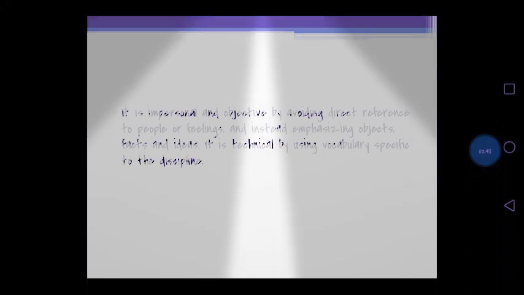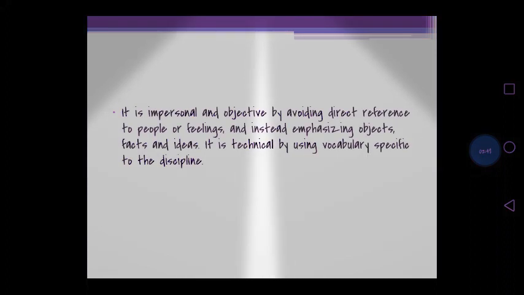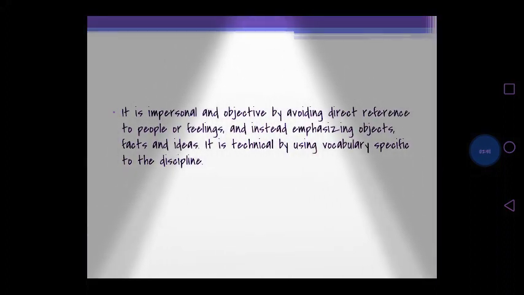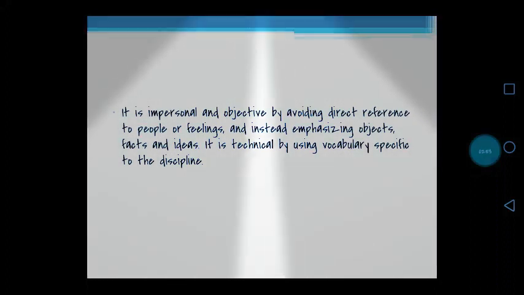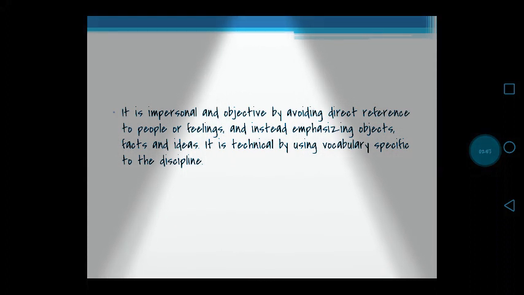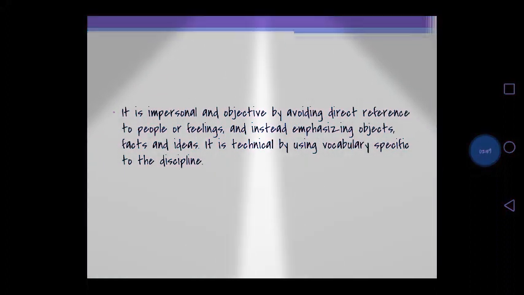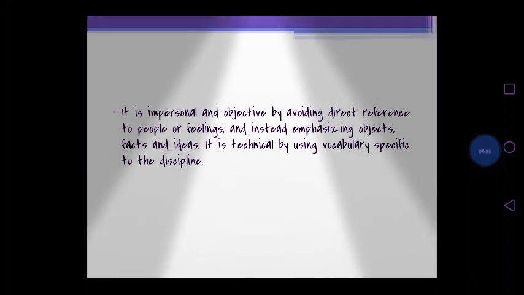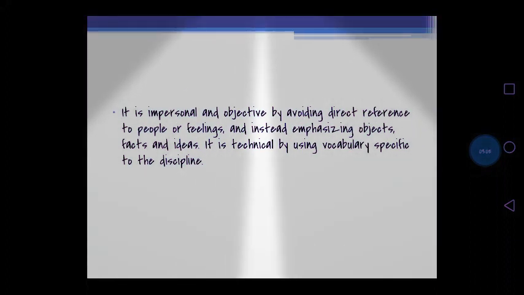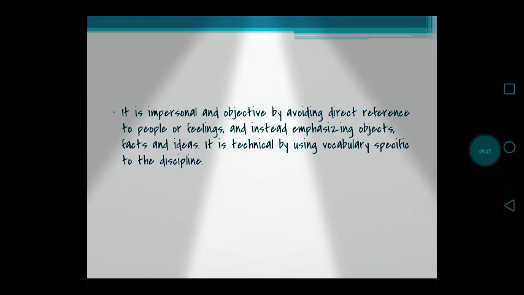Okay. So academic text is impersonal and objective by avoiding direct reference to people or feelings, and instead emphasizing objects, facts, and ideas. It is technical by using vocabulary specific to the discipline.